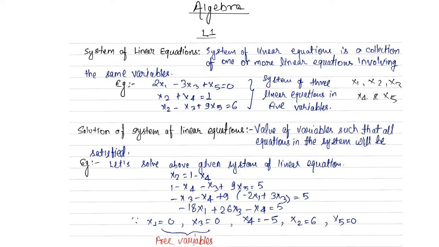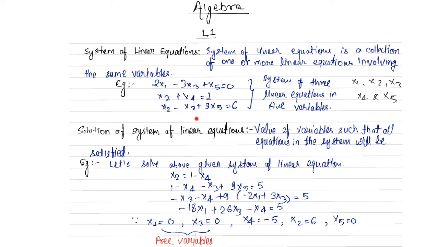Not just one, each and every equation must be satisfied. Then those values of x1, x2, x3, x4, x5 are called a solution of the system of linear equations.